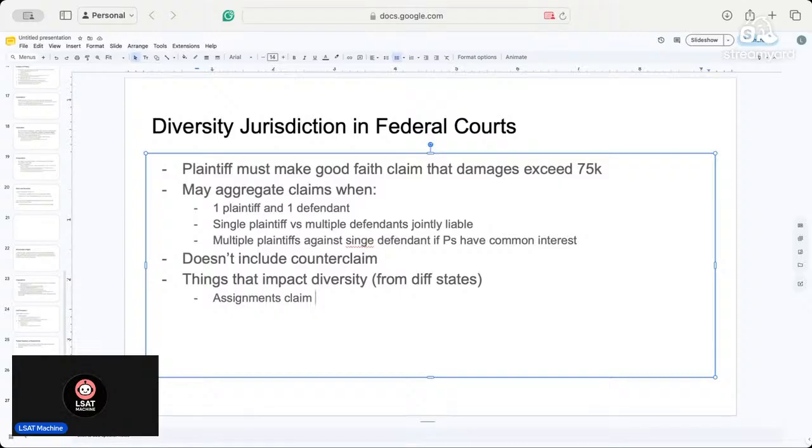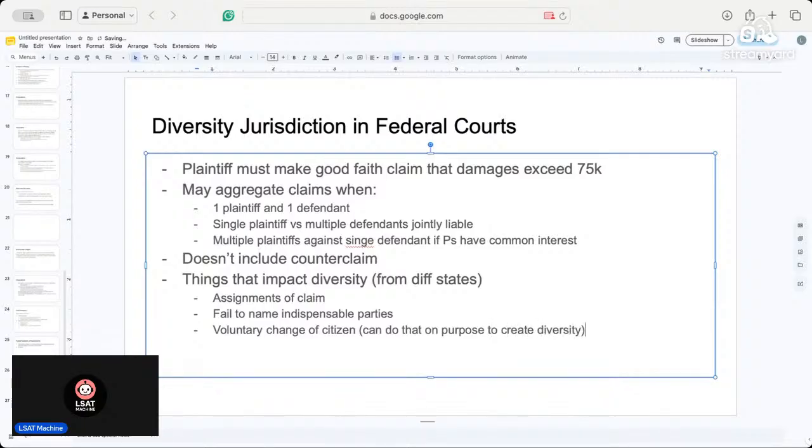Let's say you owe a debt, you can just say, take whatever money I get. So if you assign a claim, if you fail to name indispensable parties, voluntary change of citizenship, and you can do that on purpose to end up in federal court. And replacement of parties. So if you end up dropping a party and replacing it with another.